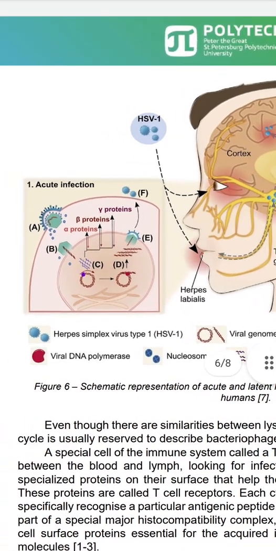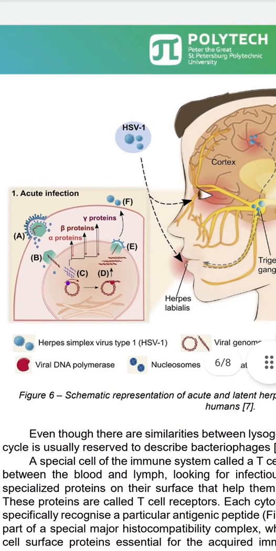Acute infection: you see the virus comes, the A and the B, the DNA comes, there's the C, the viral genome comes to the DNA, alpha protein, beta protein, gamma protein. I don't understand what's happening here.